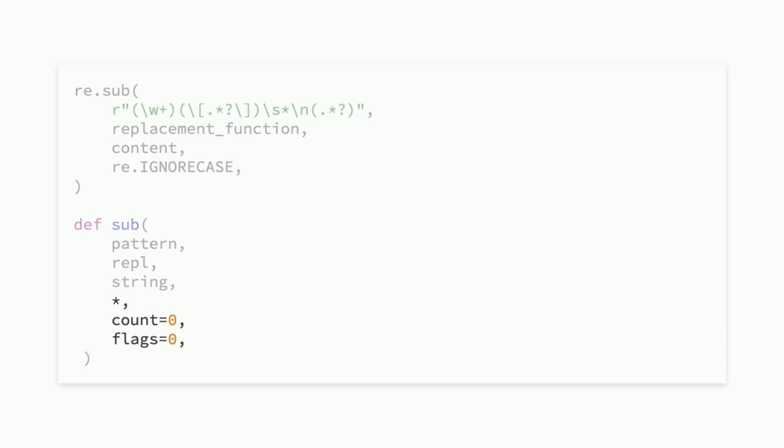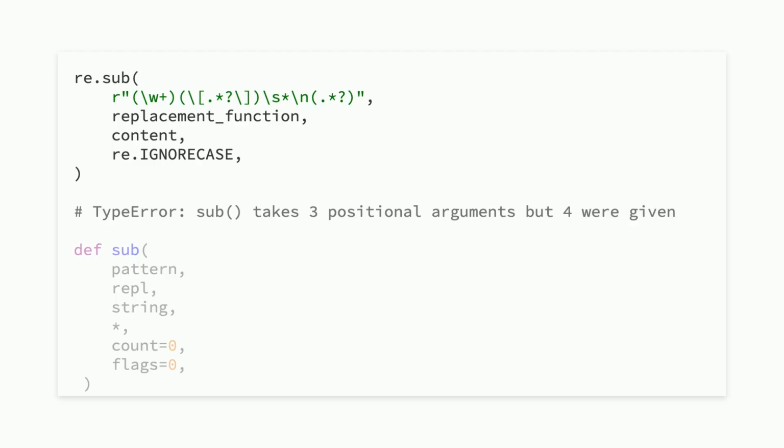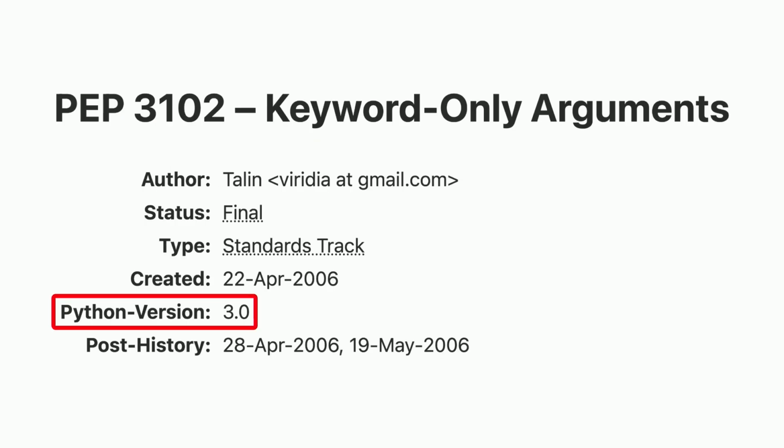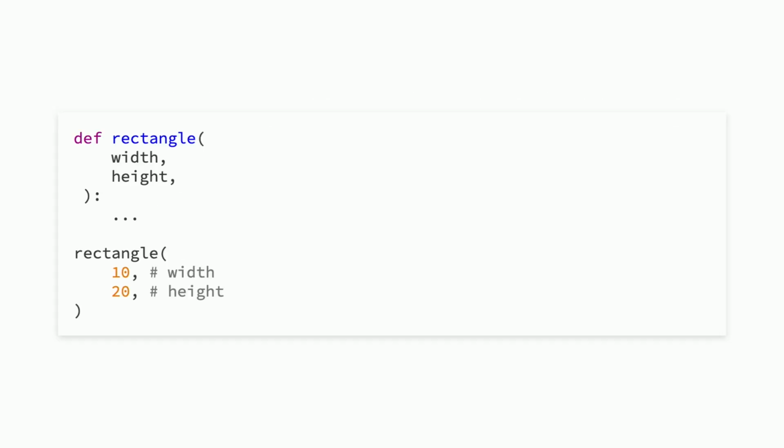So what is this? What this will do is it will throw an error when we try to call the function without naming those arguments, and we require that we explicitly specify the flag with a keyword argument. And this feature was added in Python 3.0, which is quite a long time ago.